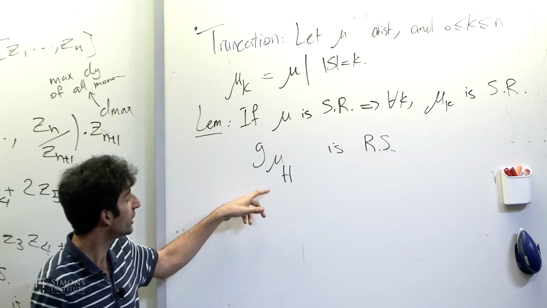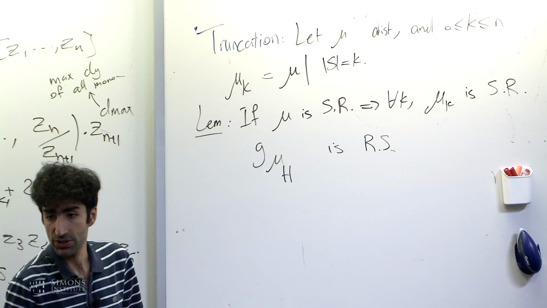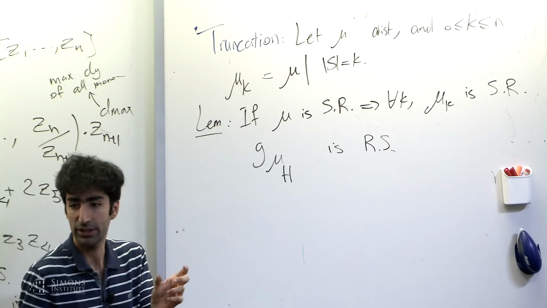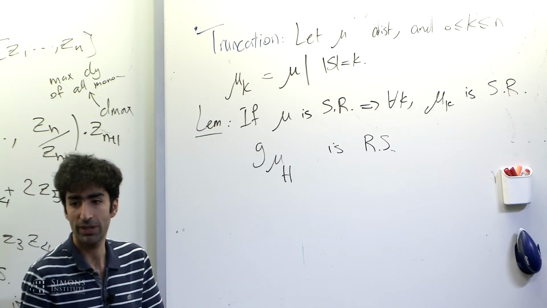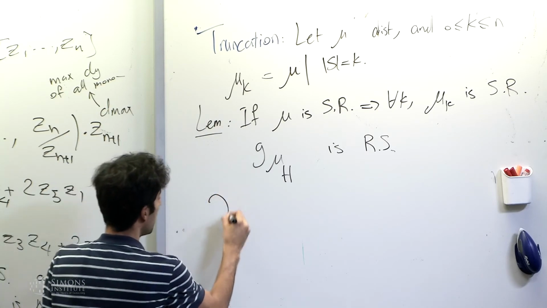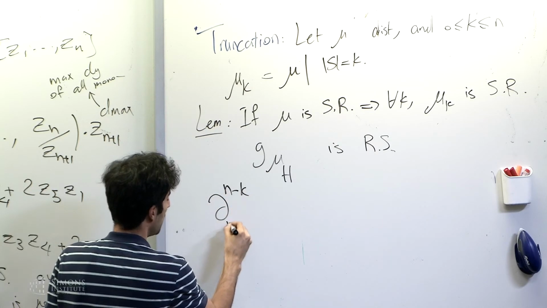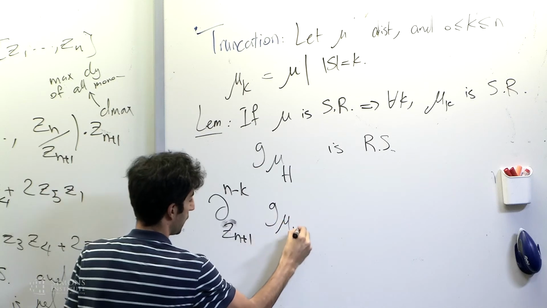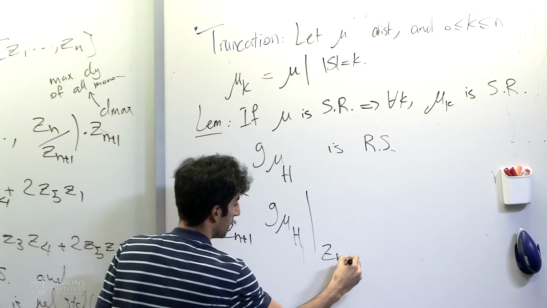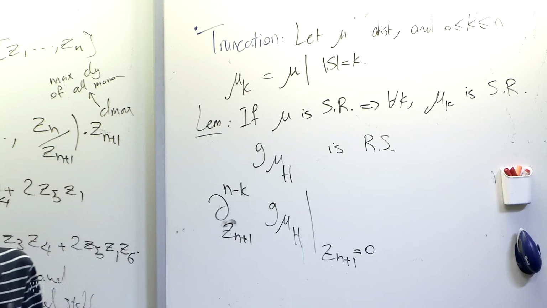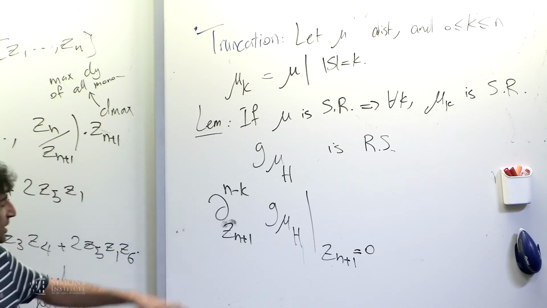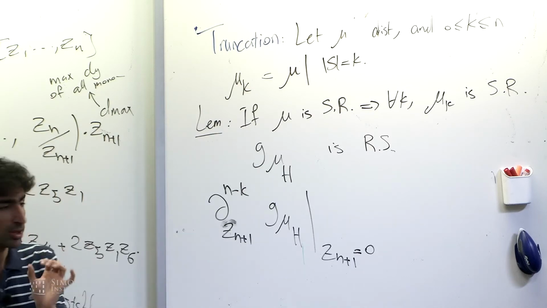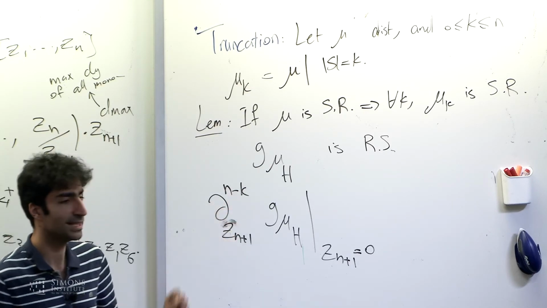Now this is a polynomial in n plus 1 variables. I want to only keep the monomials which have degree k in the original n variables. So I want to throw away everything else. So what I do is take the d max minus k partial derivative with respect to z n plus 1, the new variable, and then evaluate z n plus 1 to be 0. This is similar to an exercise we did yesterday. You have a polynomial, you want to just keep the monomials of a given degree in z n plus 1.